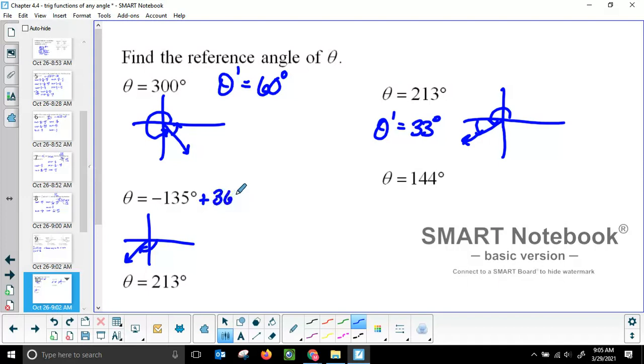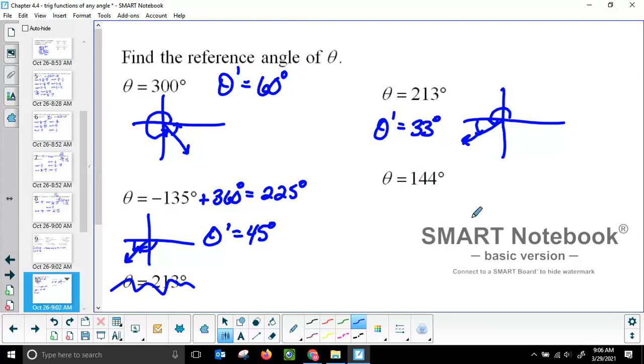Just add 360 to this, and that's going to be 225. So this is the same as 225 degrees. Again, the fastest way to the x-axis is right here. Of course, this is a repeat, we don't need to do that again.